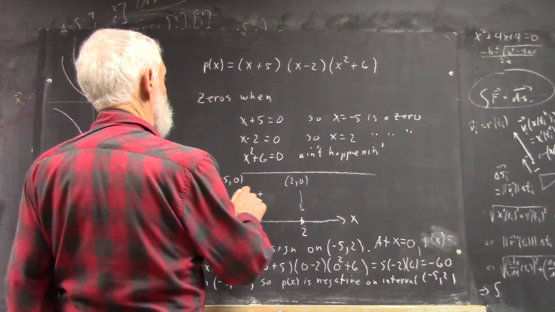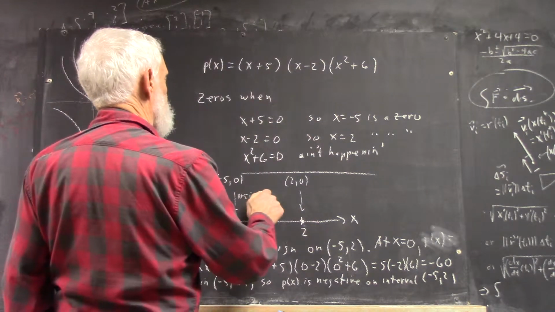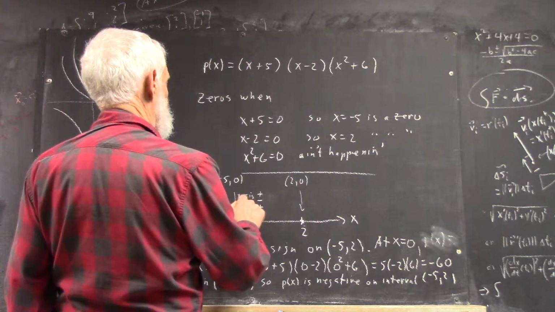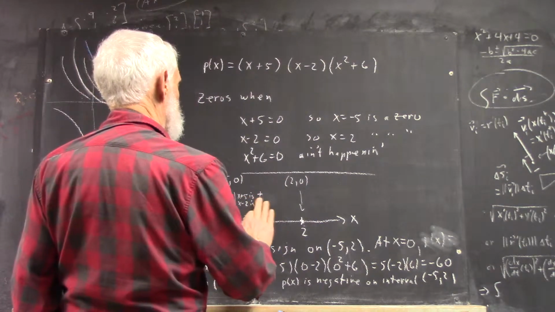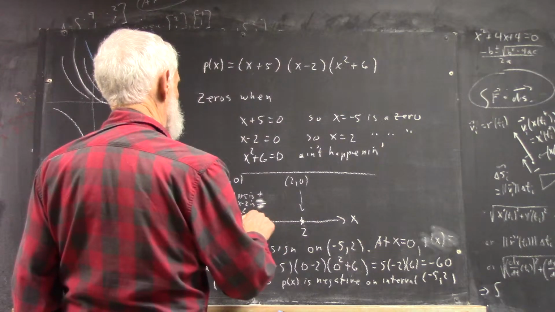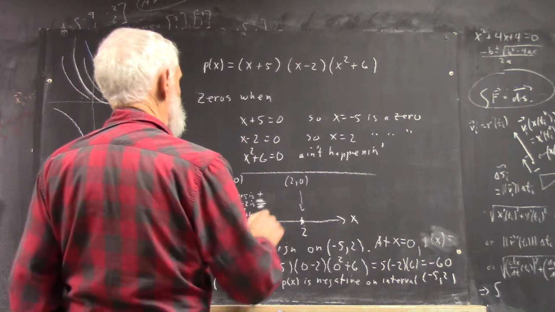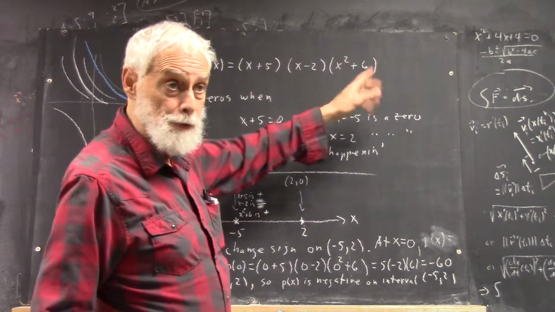I'm writing it small, but this says x plus 5 is positive, x minus 2 is negative, and x squared plus 6 is positive. So I got positive, negative, positive for these terms in order, right?